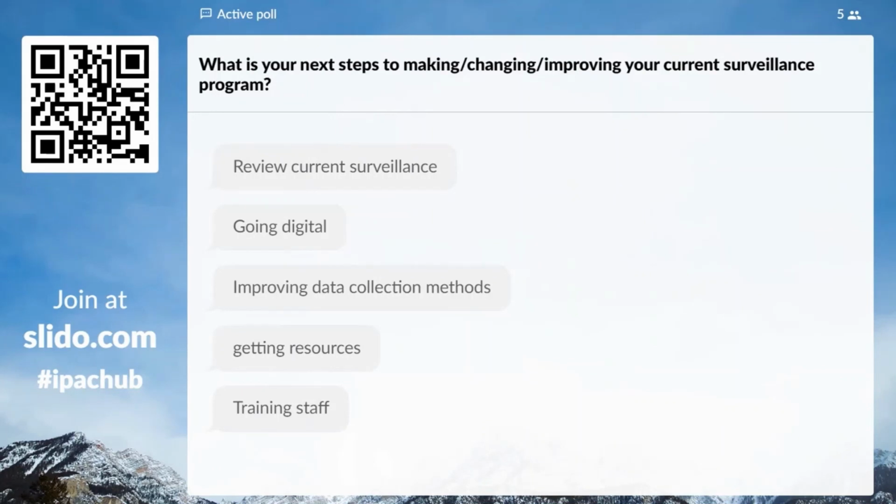Okay, it looks like we have some answers here. So review current surveillance program, going digital, improving data collection methods, getting resources, training staff. So it looks like different homes are hitting different areas that they have identified that they need improvement on, but that's great.